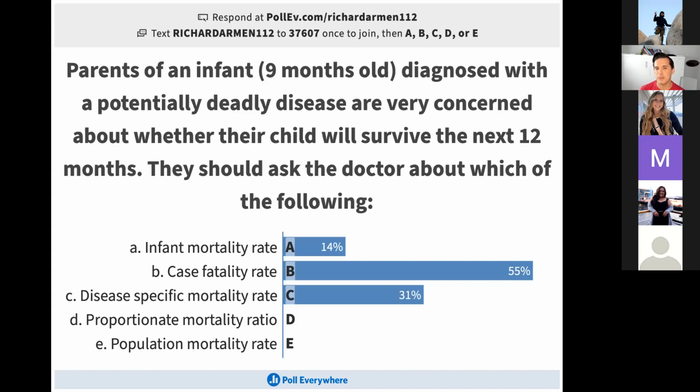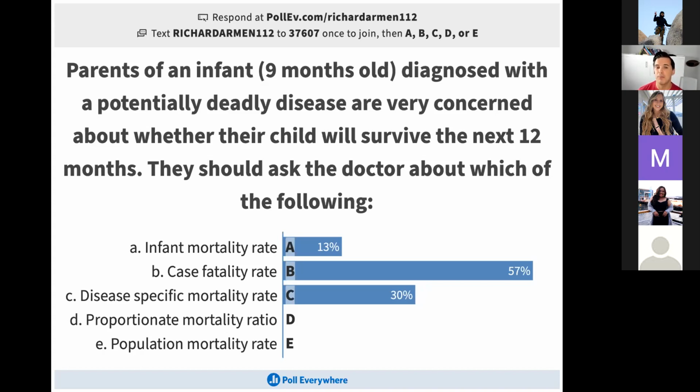It also depends on how many people this disease is affecting. If the disease is only affecting 0.5% of the population, then at a population level it's not as severe. But for those people who have that disease, it's very severe if the case fatality rate is 95%. If the case fatality rate is only 1%, that tells me that survivability after being diagnosed with this particular disease is really high, and maybe we shouldn't be quite as worried about it.